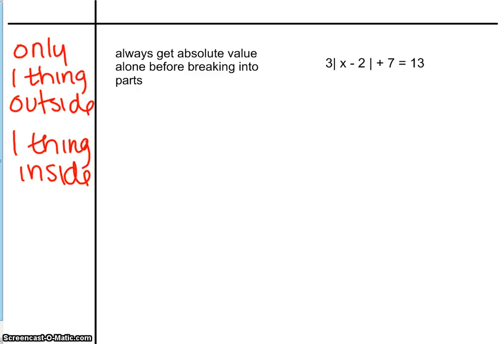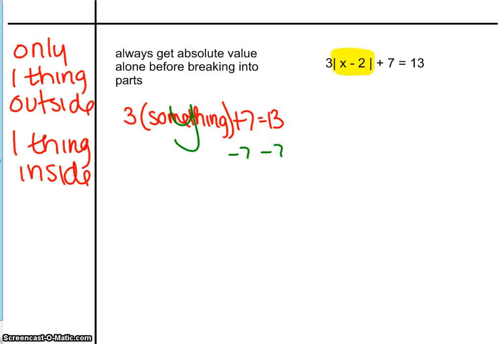So I need to get this absolute value of x minus 2 all by itself. Okay? Think of it this way. 3 times something plus 7 equals 13. Well, it's just like saying, hey, this something is my variable. So what I need to do to get that y by itself is first subtract 7. Okay, so same idea here.